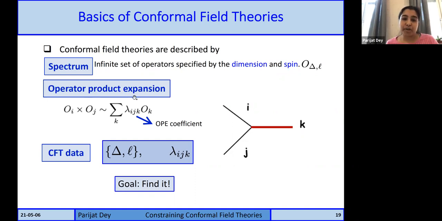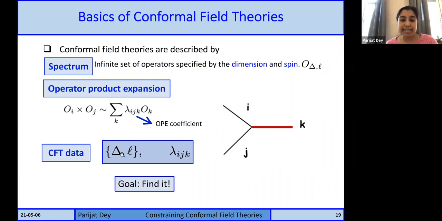And we have the operator product expansion. It means that if we have two operators at points i and j, then we can write the product of these two operators as a sum over an infinite number of operators with these coefficients. These coefficients are known as the OPE coefficients. The nice thing about conformal field theory is that this is a convergent expression.